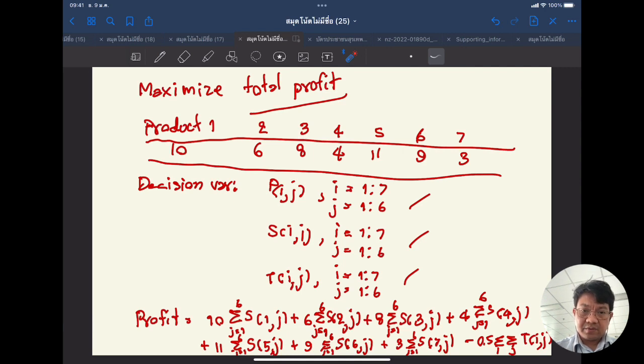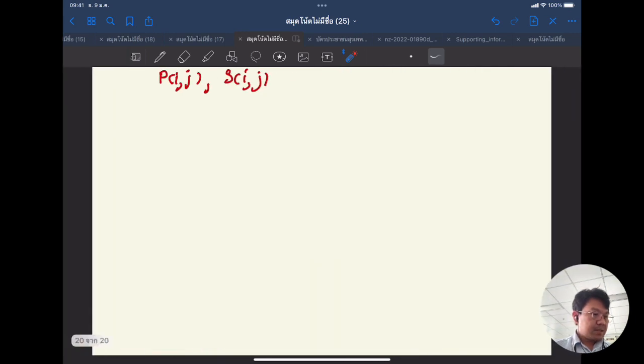Storage cost for each product we store in the storage per month. So you have to multiply by 0.5 because one unit of the product kept in storage for 1 month costs 0.5. So it should be complete for the objective, right?